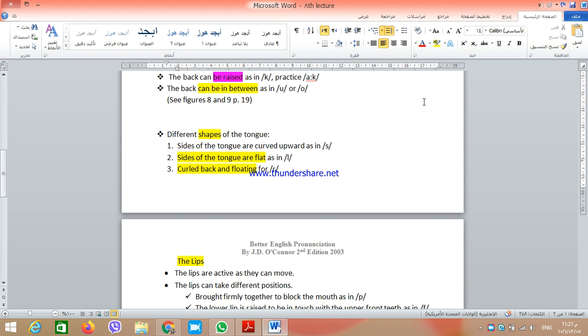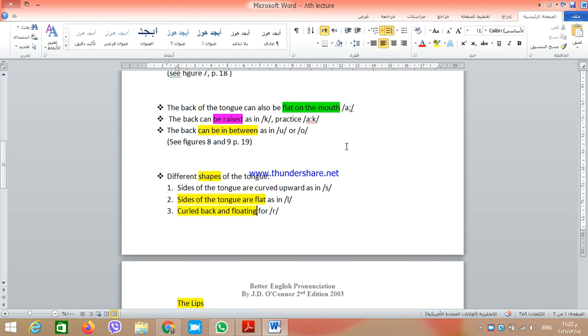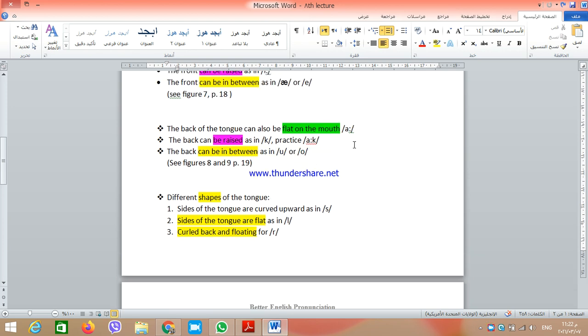So with ra, you cannot feel any specific and clear contact between the tongue and the roof of the mouth or the bottom of the mouth. Ra. Okay? So these are the positions the tongue can take, the movements it can make, and the parts of the tongue.